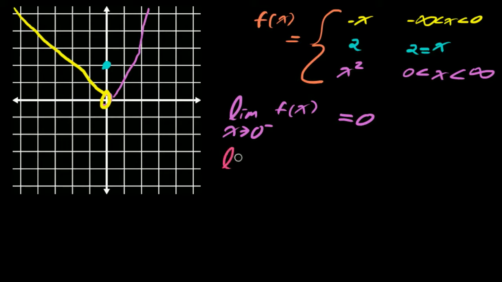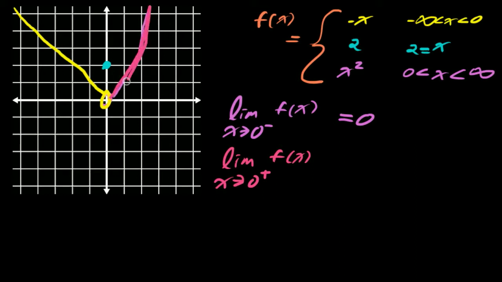Then I'm going to ask you, what is the limit as x approaches 0 from the positive side of this function f of x? And again, you're going to choose closer and closer values, and that's a really sorry looking parabola, I guess.